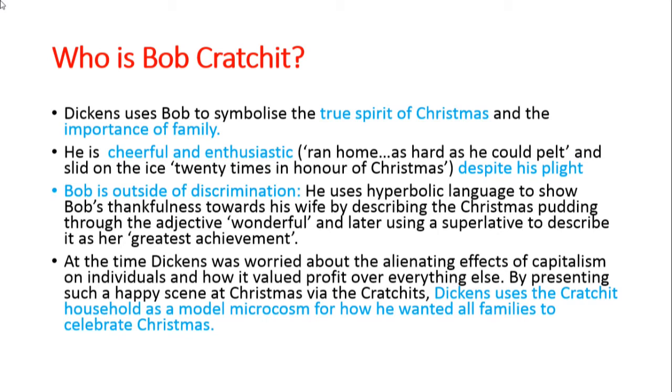It's not about gifts, and it's not about how much we can spend to prove our wealth on a lavish buffet. It's about merriment in the family. So the Cratchit household is a microcosm for how Dickens wanted people to truly celebrate Christmas. Again, pause this slide if you need to.